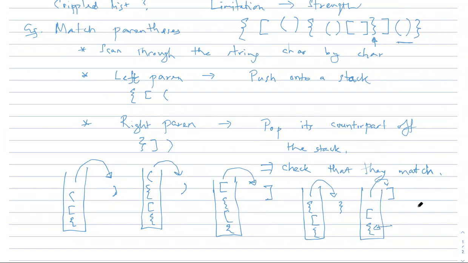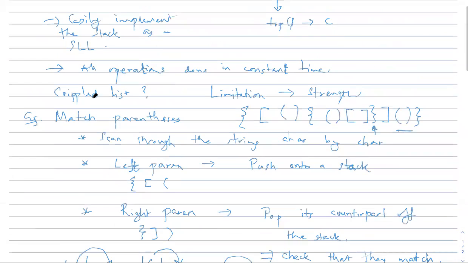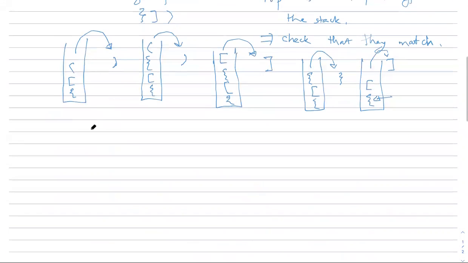So what is the condition that you actually matched? First of all, the mismatch can happen in two ways. First is that there is a mismatch: when you see a right parenthesis and the popped parenthesis is of a different kind, a mismatch on pop.